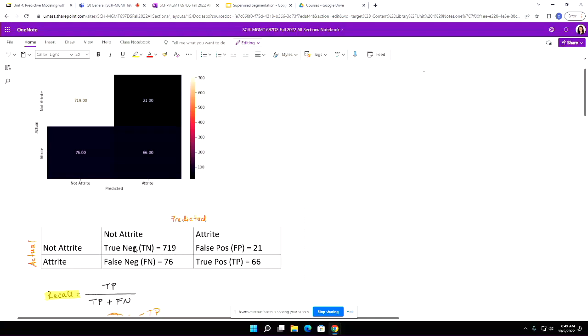Those would be called true negatives. Whatever we're trying to predict is often defined as the positive outcome, even though in the case of employee attrition we wouldn't consider employees leaving the company to be a positive thing. But that's often defined as the positive case when it is the target we want to focus on.